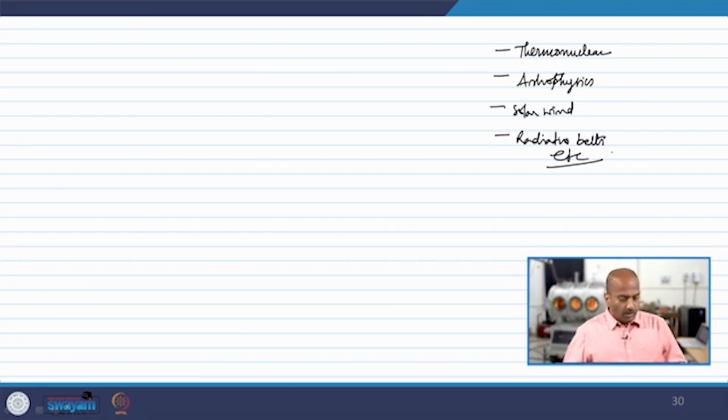etc. Right. So, a plasma is said to be in an equilibrium state if all the forces that are acting on it are balanced, so that you can extract a time dependent solution. What is time dependent solution?